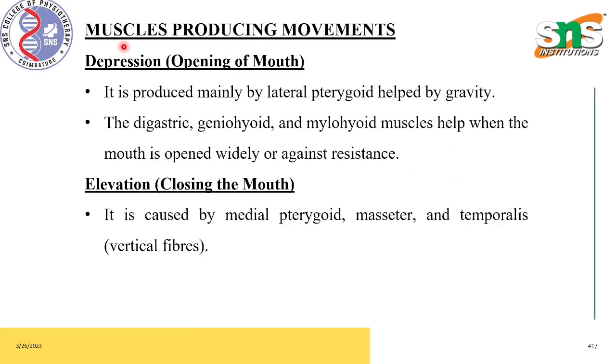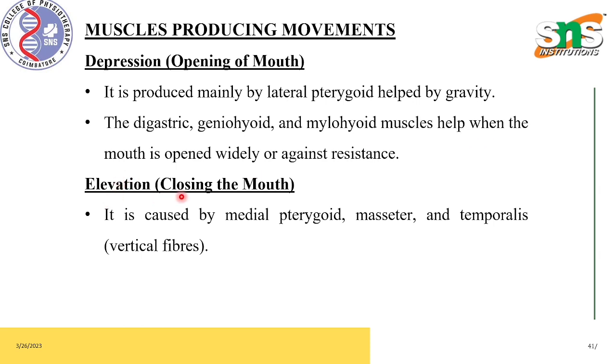So coming to the muscles producing the particular movements. Depression, that is opening of the mouth, is mainly produced by the contraction of the lateral pterygoid along with the support of gravity. And the supporting muscles include your digastric, geniohyoid, and the mylohyoid muscles.